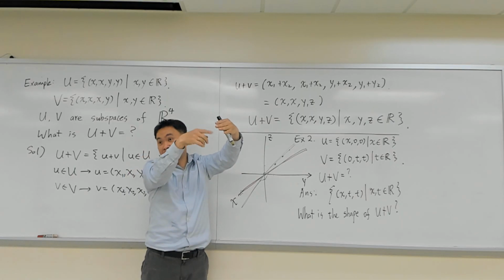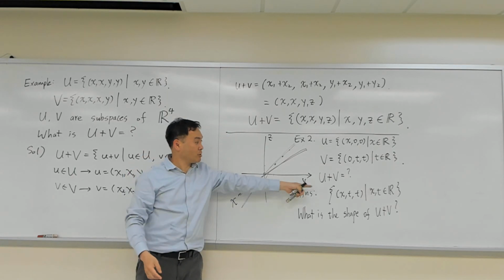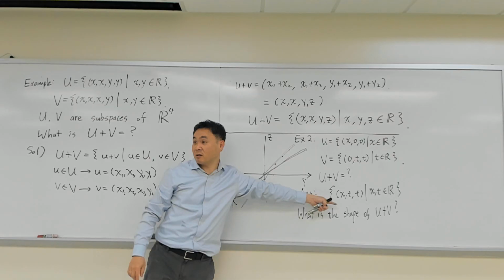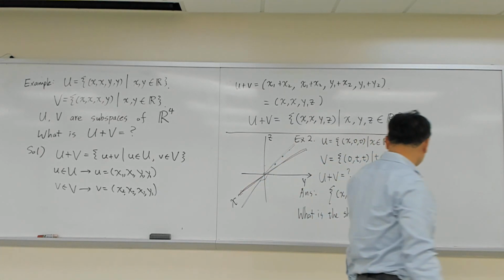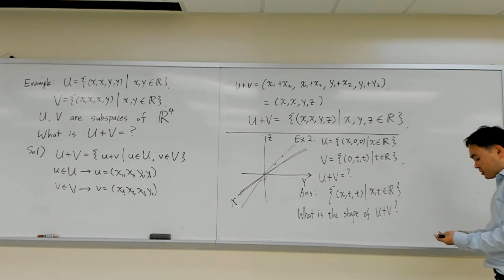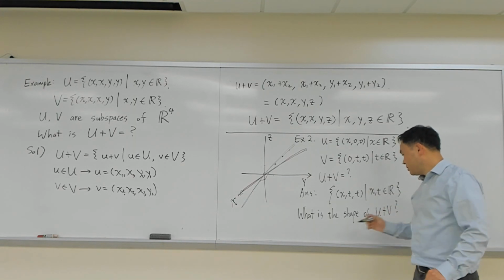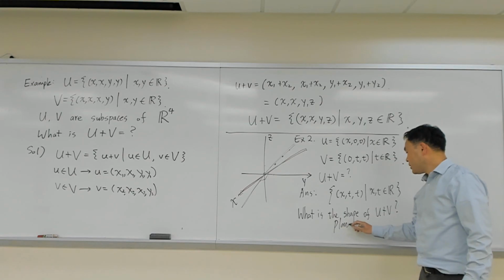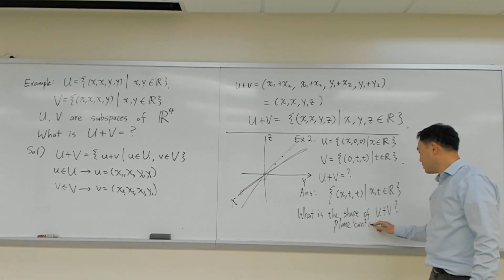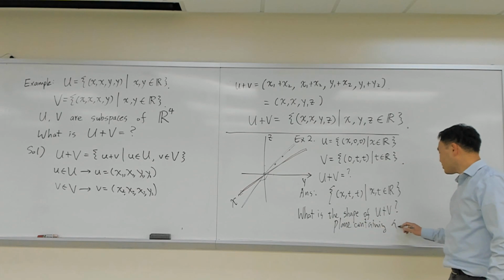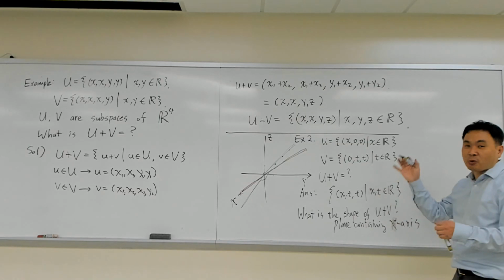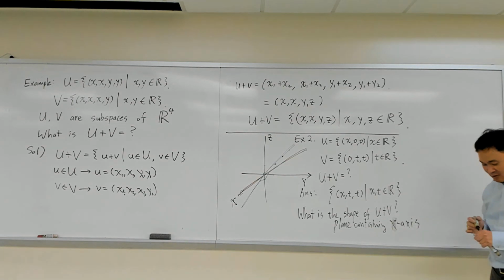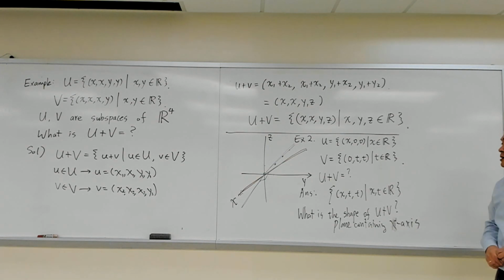The point where they meet, that's a point that can be described like this. So that's what U plus V is. It's a plane containing the x-axis, and it's also 45 degrees slanted, and that one I'm too lazy to write.